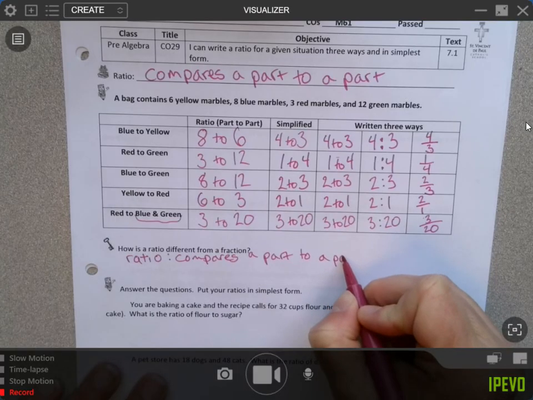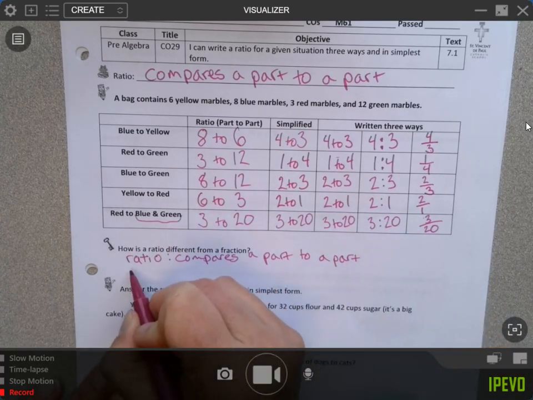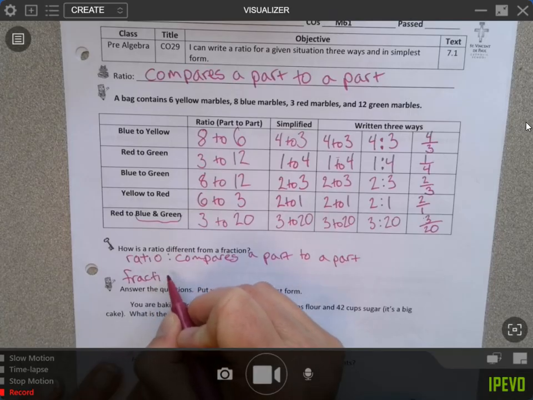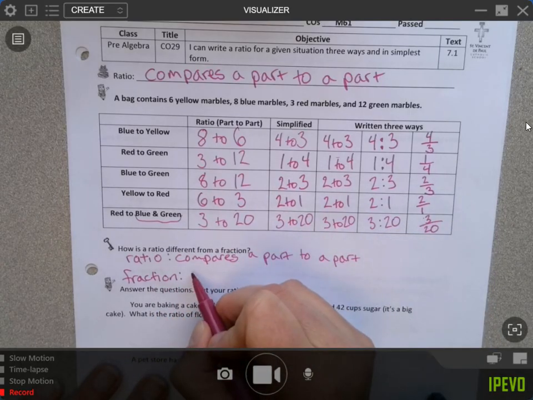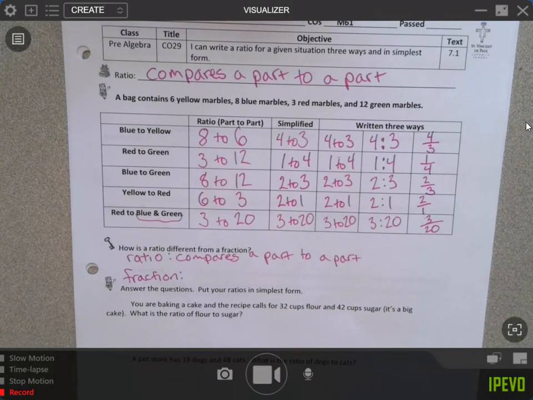Does anybody know what a fraction does? What do you think, Vivi? Does that fraction bar mean division?